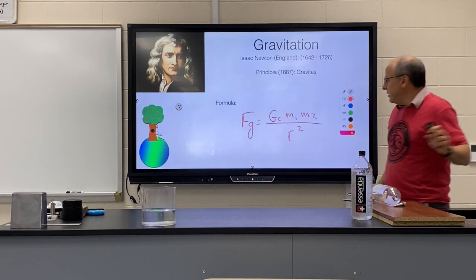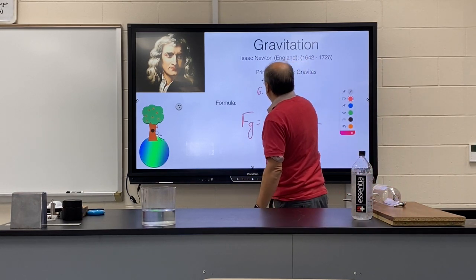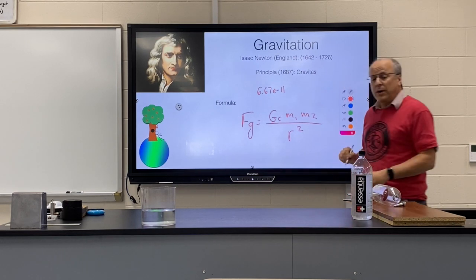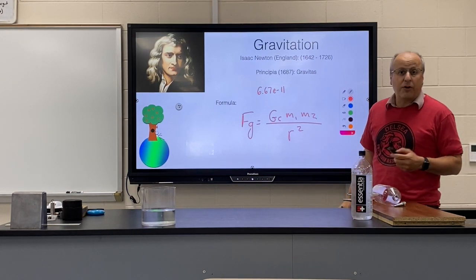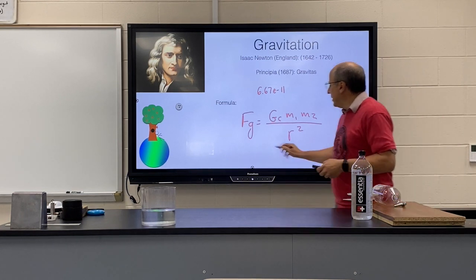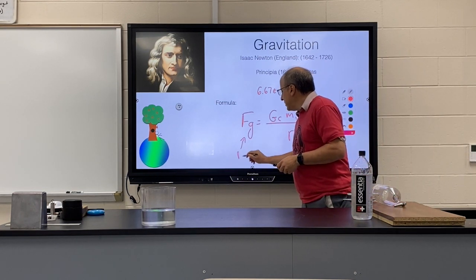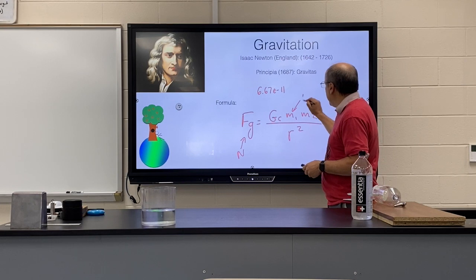Gravitational constant, 6.67 e to the negative 11. The mass of the two objects in kilograms, and distance from center to center on the bottom. We saw that this comes out in newtons, and these have to be given in kilograms.